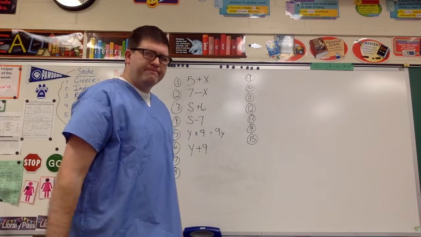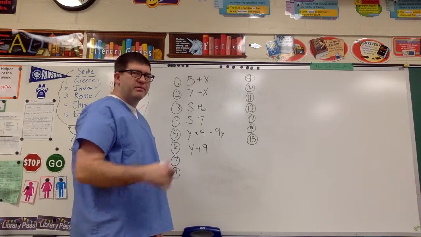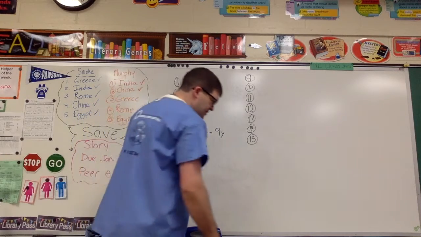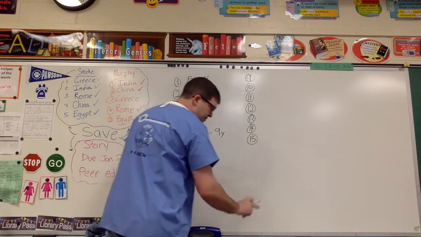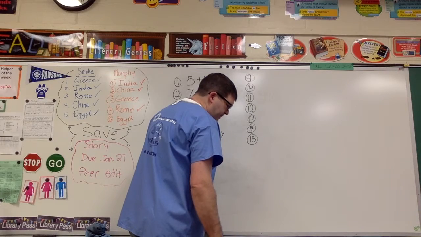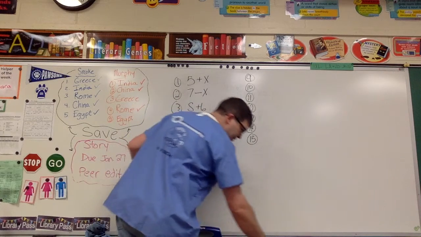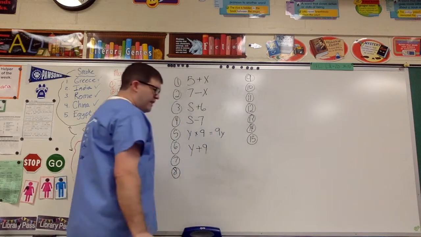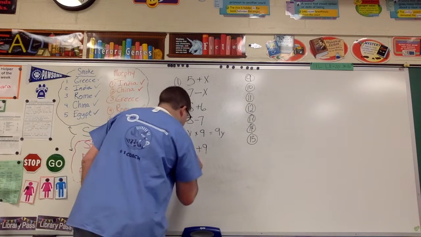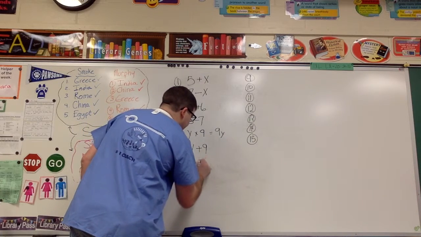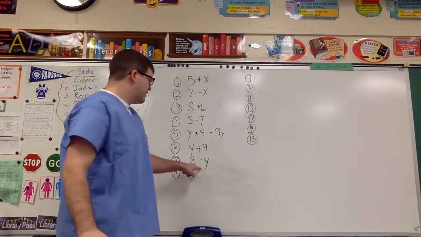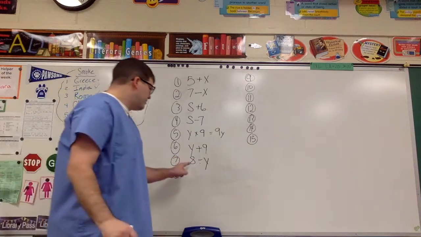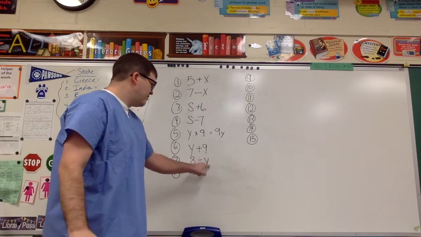Number 6, the sum of y and 9. Y plus 9. Could be 9 plus y, but this is how it's spoken, or this is how it's written on the paper. Number 7, the quotient of 8 and y. Quotient tells me it's division, so the quotient of 8 and y.